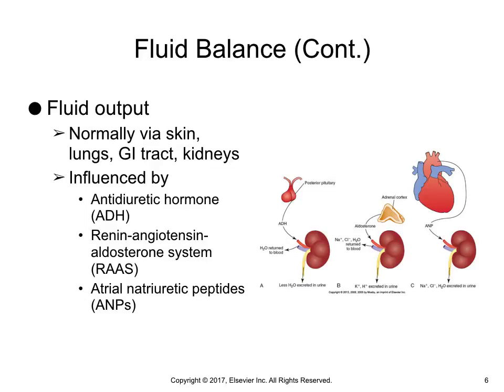Antidiuretic hormone regulates the osmolality of the body fluids by influencing how much water is excreted in urine. It is synthesized by neurons in the hypothalamus that release it from the posterior pituitary gland. ADH circulates in the blood to the kidneys, where it acts on the collecting ducts.